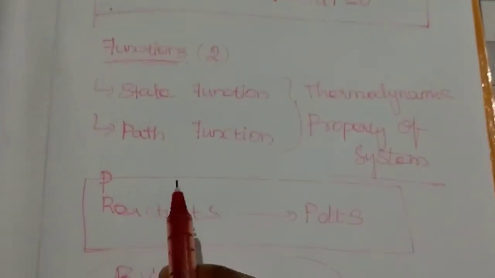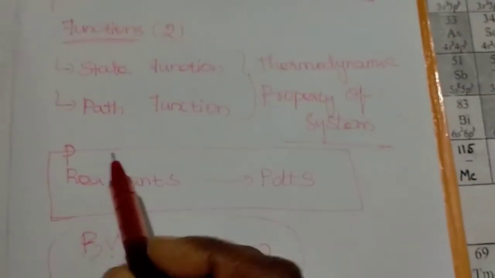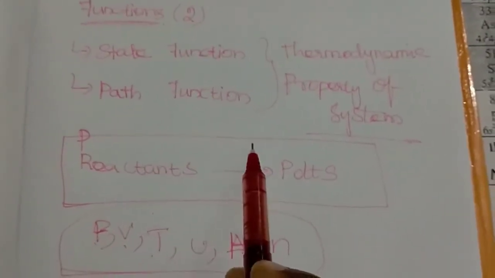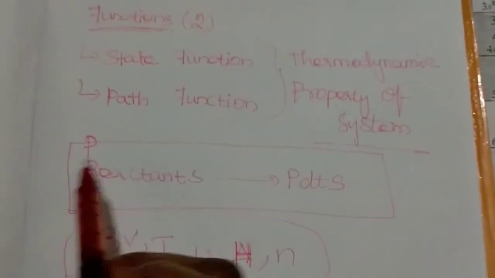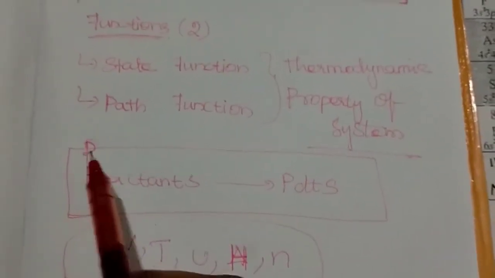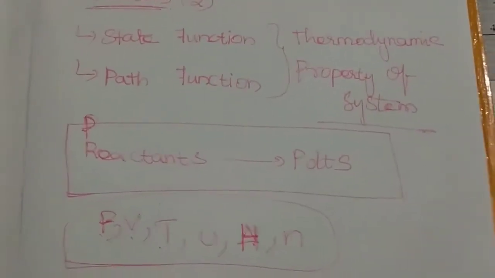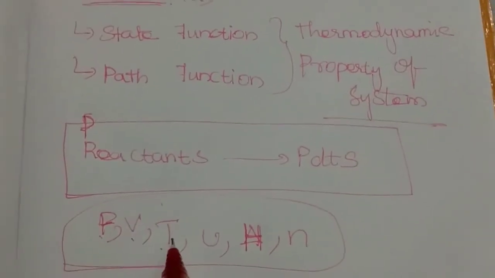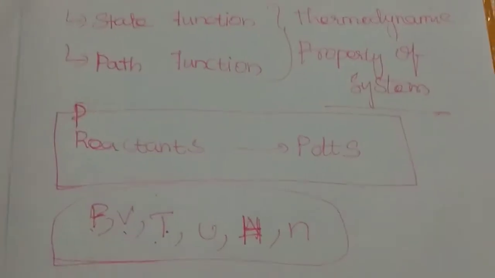When some reactants react together and produce the product, this is one thermodynamic reaction. During that process, pressure is applied on that reaction. In that system we apply some pressure, and the system contains some volume and temperature.